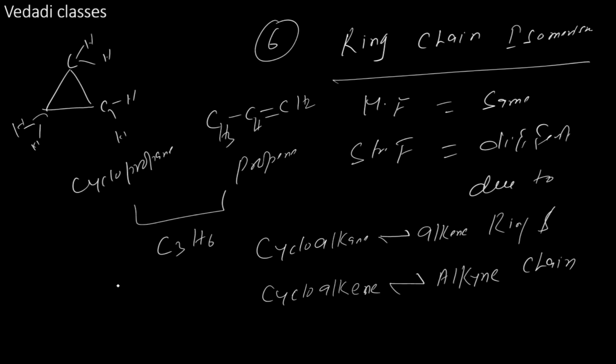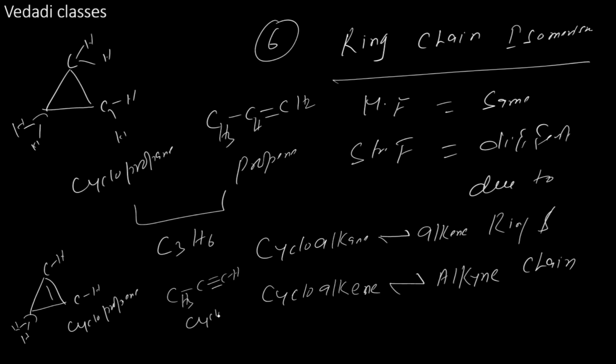Now have a look here. I can also give the example, like suppose a double bond over here. So this is CH, and this is CH2. So this is cyclopropene, and if you put a triple bond over here, this is propyne.